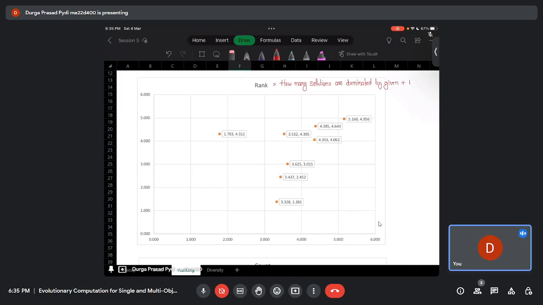This will give you the rank. This will tell you essentially how many solutions are inferior to the one I'm currently considering. Basically it's the ranking scheme which we are using. Let's just see the example.